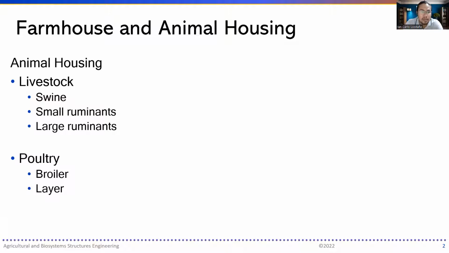Okay, so egg. There are other kinds of fowl that would be housed in various animal housing, but it's just that these two are those that have the existing standards, and thus we have the basis for the criteria of such buildings. Now let's take a look at the standards, the individual standards.